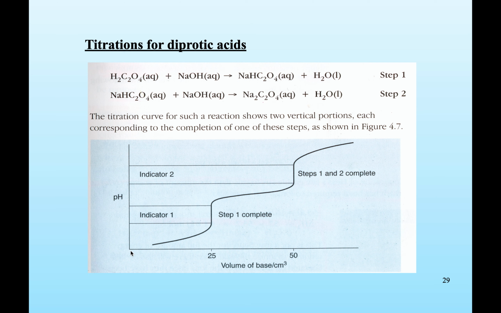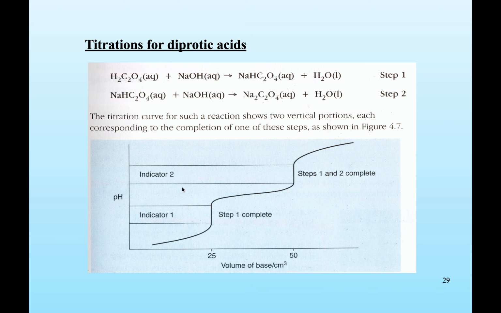So the first step happens, so imagine we're adding solutions of equal concentrations here. The first step happens at 25 centimeter cubed of sodium hydroxide added, because it's a 1-to-1 mole ratio. So you get a little step there, and we could actually use an indicator to indicate when that first step is complete.